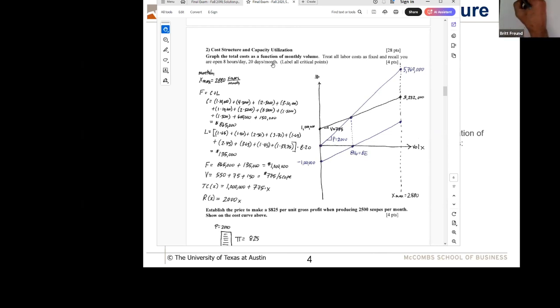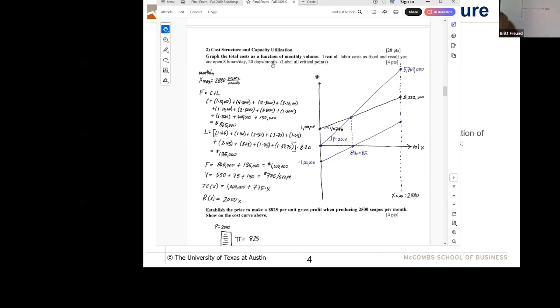The next thing I'm going to do is draw an empty graph, and the empty graph always has the same labels. This axis is volume, and we use the symbol X for volume. This axis is cash units. Since we're in the US, we'll use the dollar sign for dollars, okay?